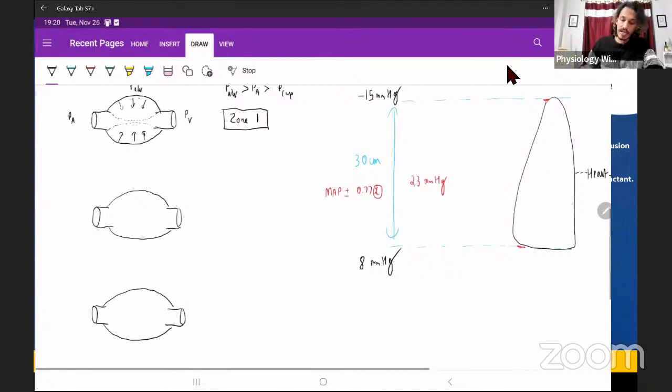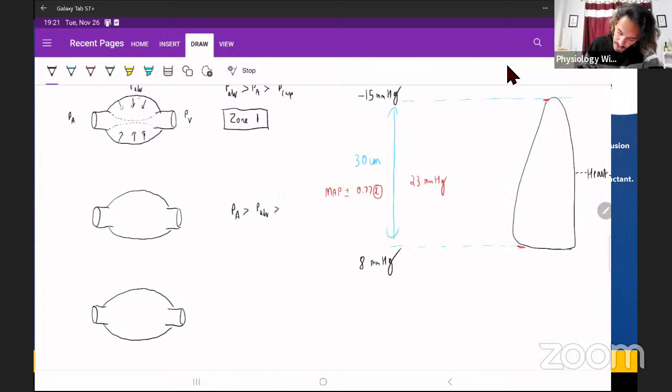Now, another scenario is your pulmonary arterial pressure is high, then alveolar pressure, then your capillary pressure is lower. So what will happen? Initially, the pulmonary artery pressure, because it is high, this part will be a little enlarged because this pressure is higher.